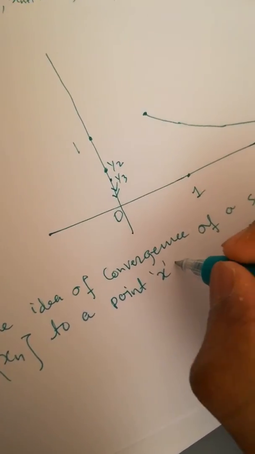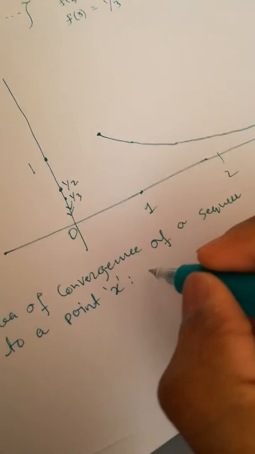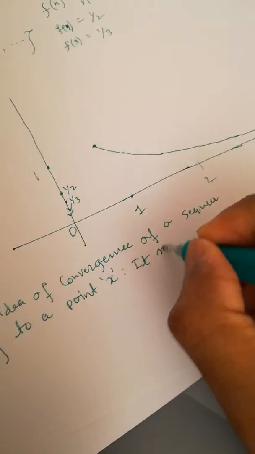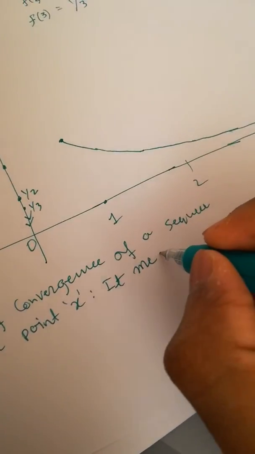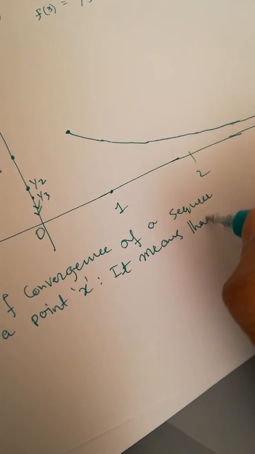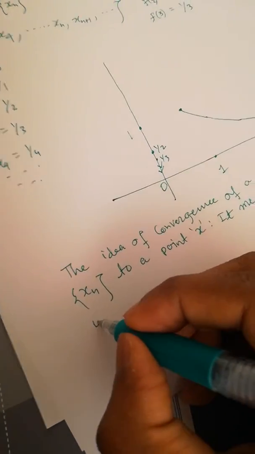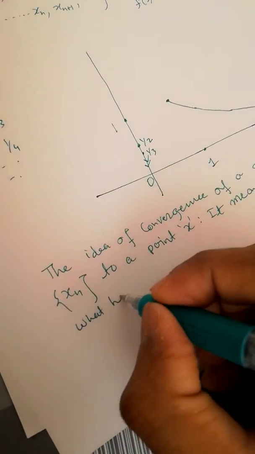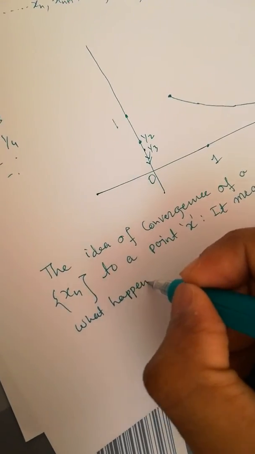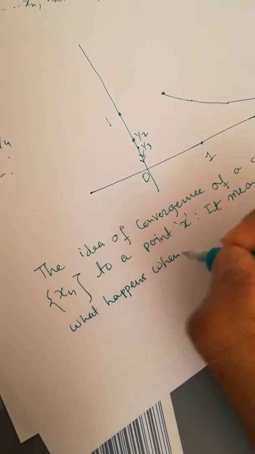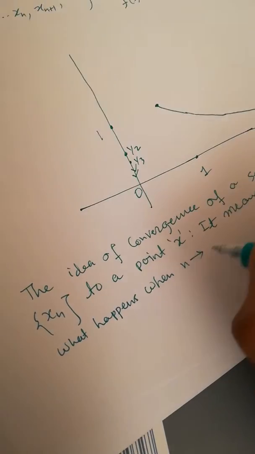The idea, what does it mean? It means what happens when n goes to infinity.